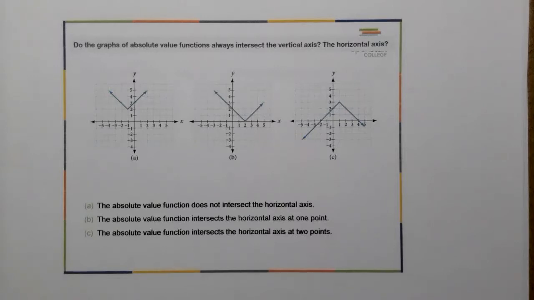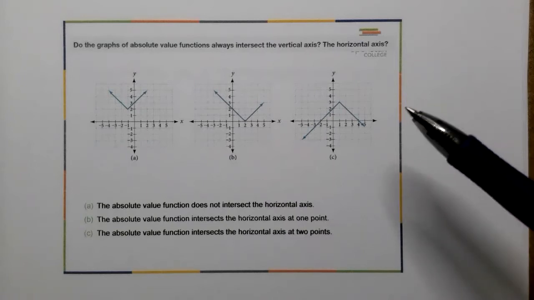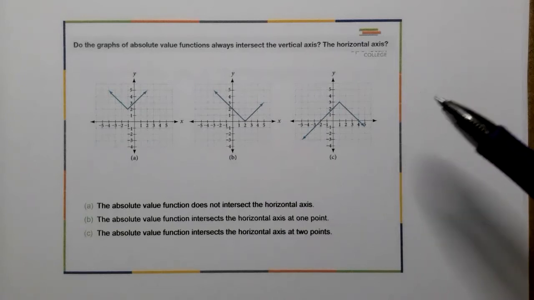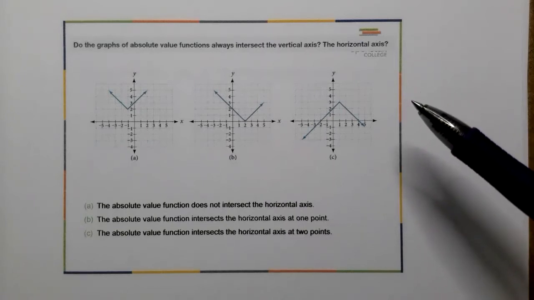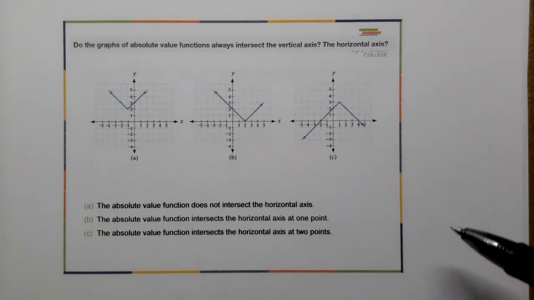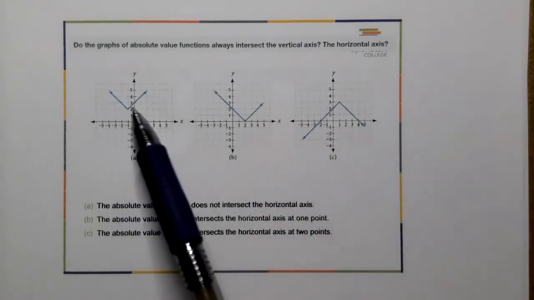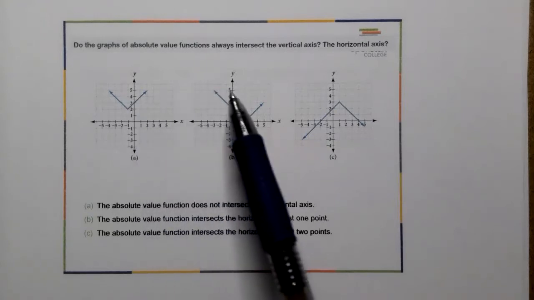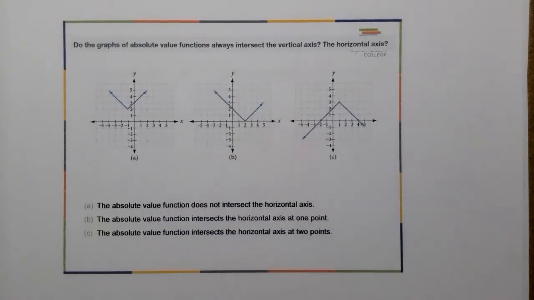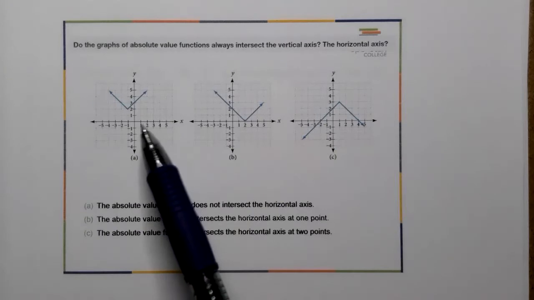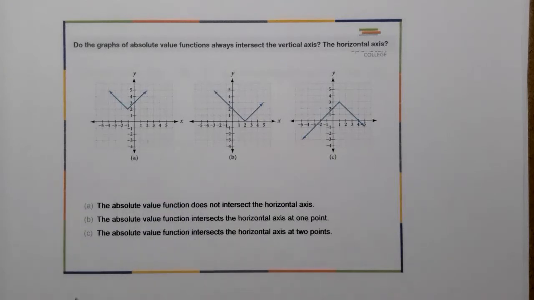Now let's talk about absolute value functions, not absolute value equations. One of the questions that comes up is, do the graphs of absolute value functions always intersect a vertical axis and or horizontal axis? As the following pictures show, yes, absolute value functions will always cross the y-axis, but they will not always cross the x-axis, right?